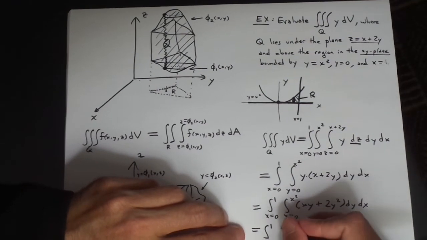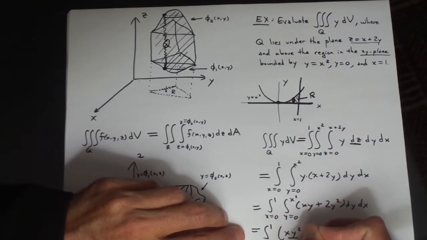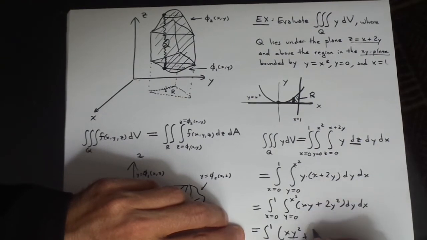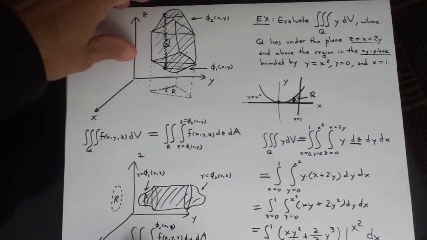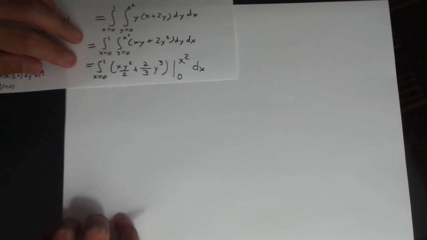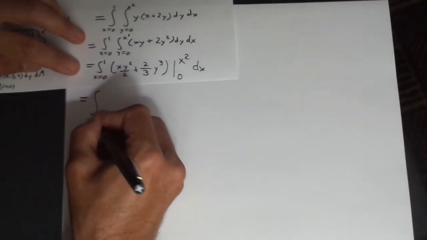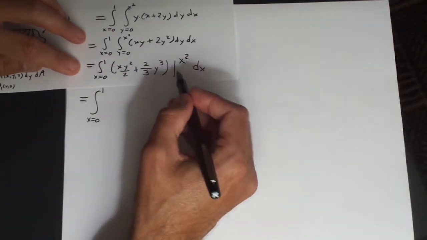And when I integrate y, I'm going to get x y squared over 2 plus 2/3 of y cubed, which I have to evaluate from 0 to x squared. Before I go on, okay, let me just move this over here. Hopefully you can still read that okay. I'm just going to continue my work right here. I now have to evaluate the upper and lower limits on y.